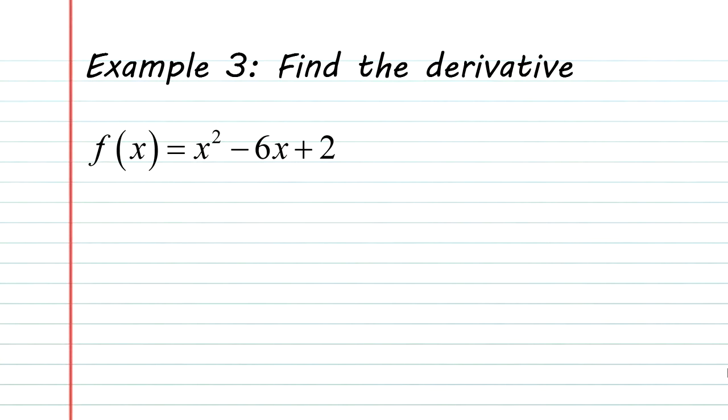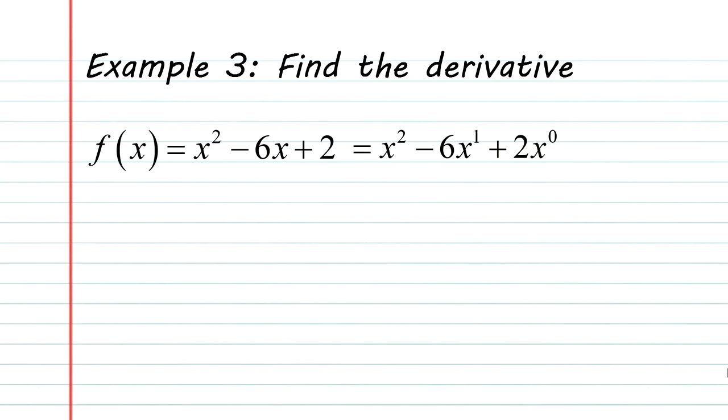Example number 3. Let's find the derivative of f of x equals x squared minus 6x plus 2. So any terms that are separated by a plus or a minus can each be handled individually. We can take the derivative of each term by itself.